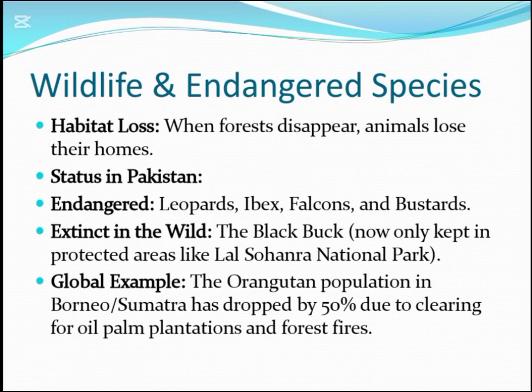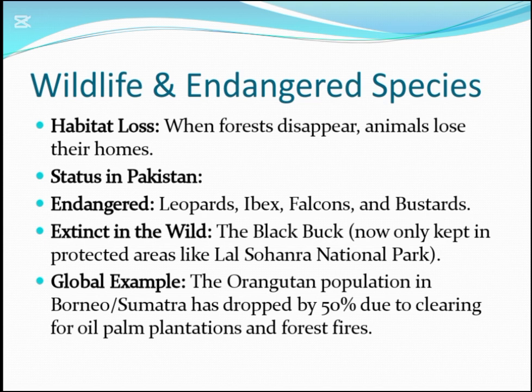Students, it's not just humans who suffer. Animals are also losing their grocery stores and bedrooms because in the last 50 years, 80% of the habitat of orangutans has been destroyed. They are now endangered because they have nowhere safe to live. The situation in Pakistan is very critical.